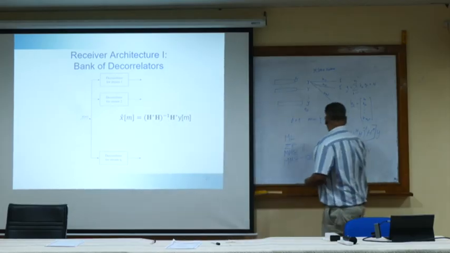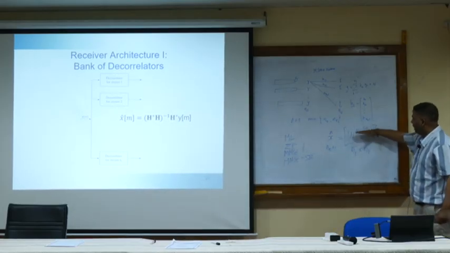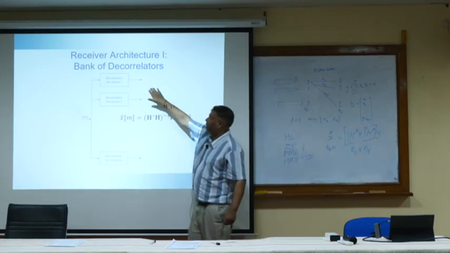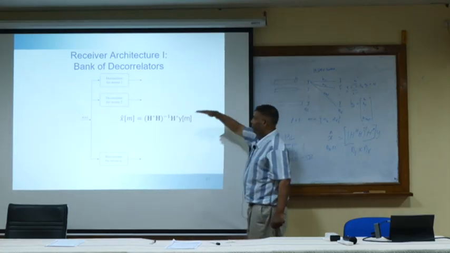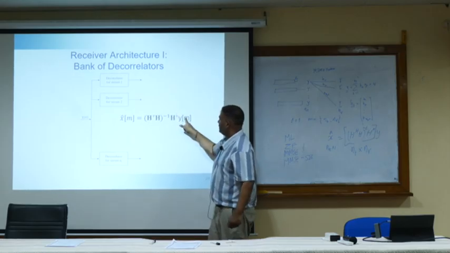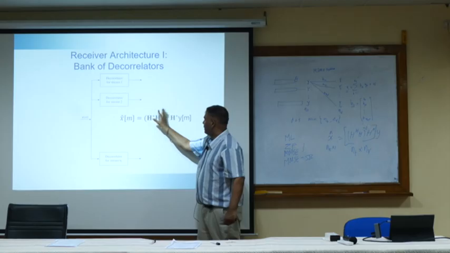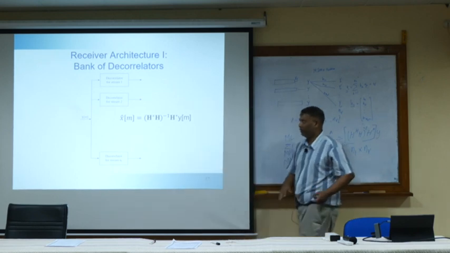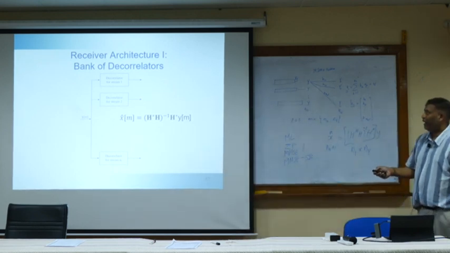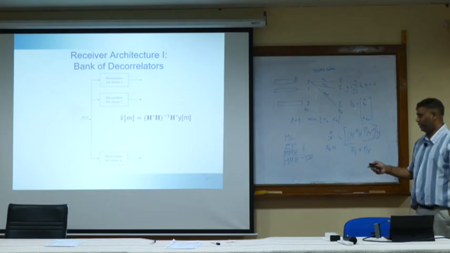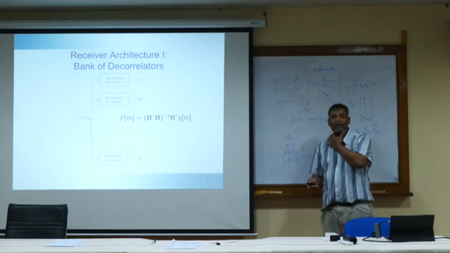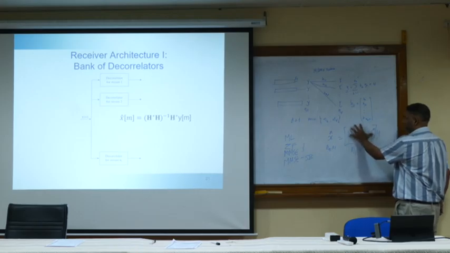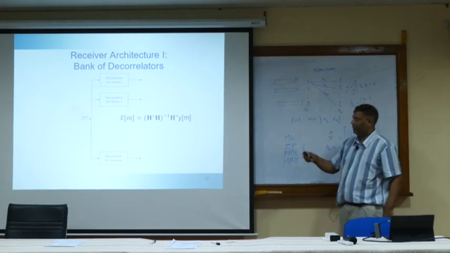If you take the second row of this matrix and multiply by the received signal, you will get the second stream. If you take the last row, you will get the NT-th stream as well. This is the zero forcing receiver. Any questions? So the zero forcing receiver is just the received signal multiplied by this matrix, and you will get all the streams.